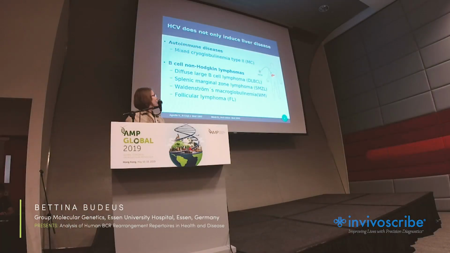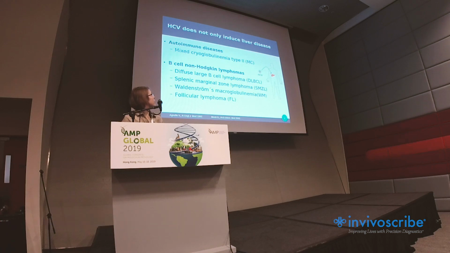Hello, everyone. Hepatitis C virus does not only induce liver disease, it also can lead to autoimmune diseases like mixed cryoglobulinemia type 2 or B-cell non-Hodgkin lymphomas like diffuse large B-cell lymphomas, splenic marginal zone lymphomas, Waldenström's macroglobulinemia, and follicular lymphomas.